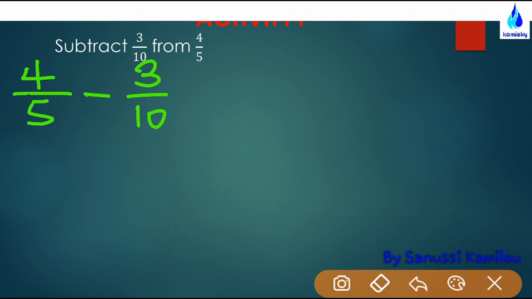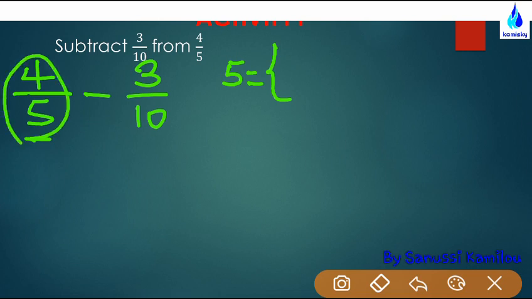Last time we said that we list the multiples, and then later on we choose the ones that are the same, that are common. So let's find the multiples of 5. The fraction is 4 out of 5, and our denominator is what? 5. We need to find the multiples of 5.